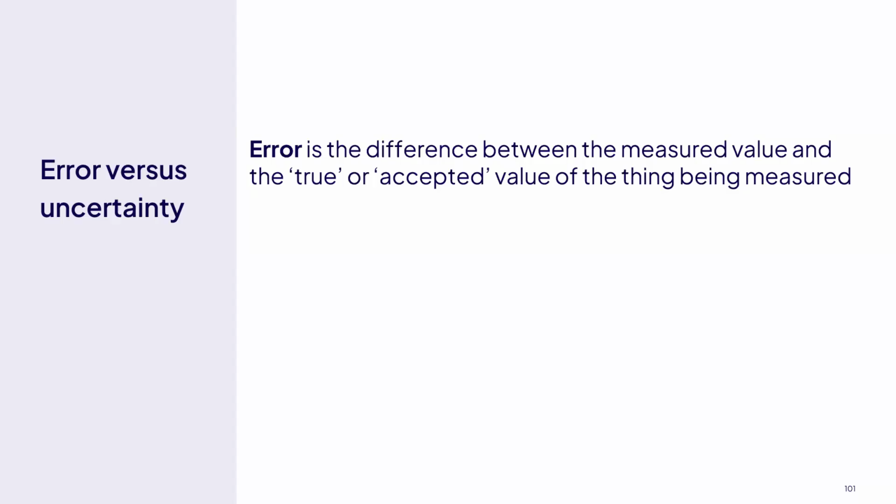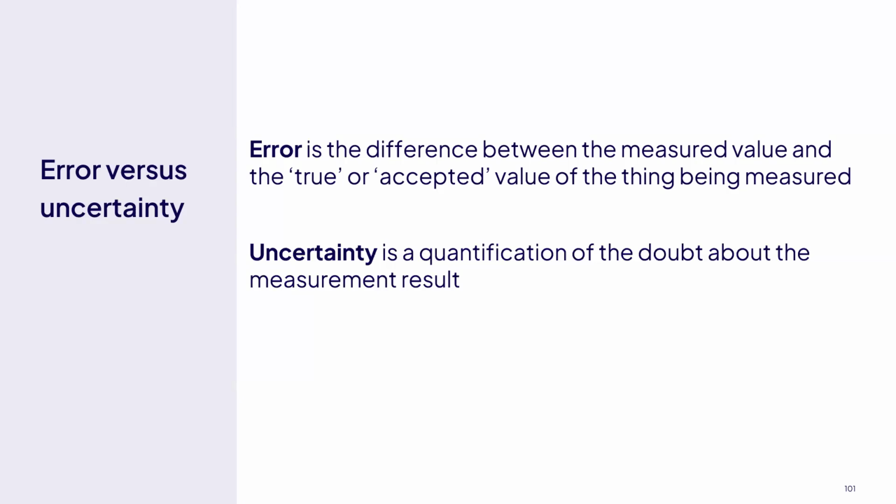Error versus uncertainty. Error is the difference between the measured value and the true or accepted value of the thing being measured. Uncertainty is the quantification of the doubt about the measurement result, and this is often what was referred to as error in past paper questions many years ago, and that was incorrect. It should have been uncertainty. For example, a 50 cubic centimetre burette has an uncertainty of 0.05 for each measurement made, because the divisions are 0.1.